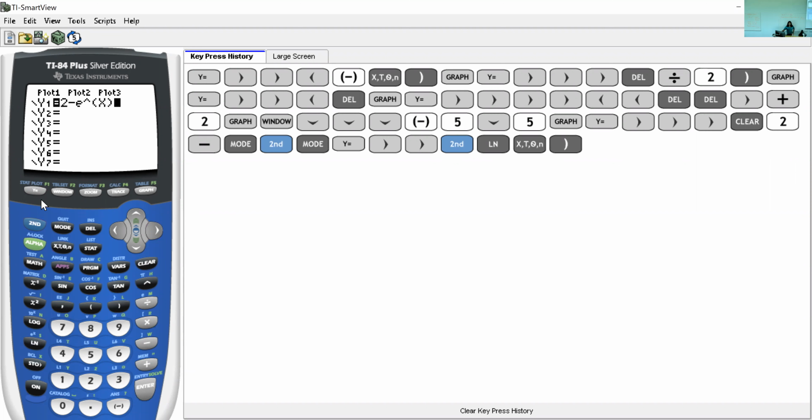Will the range change? The range, yes. Will the domain change? No. Let's see. What just happened? The domain is the same, but what about the range? It is not the same.